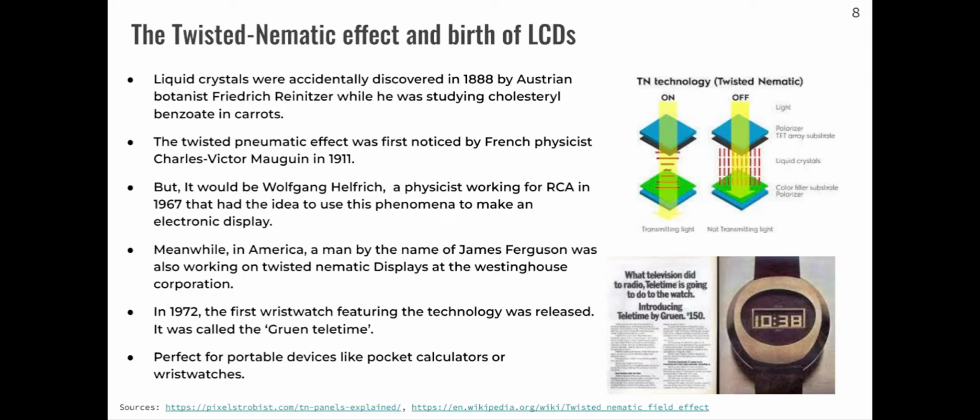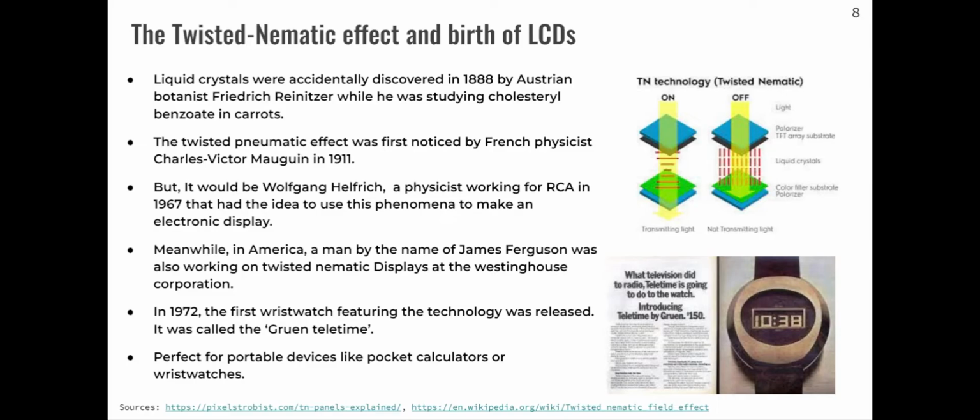So in 1972, the first wristwatch featuring the technology was released. It was called the Gruen Teletime. Here in the picture on the right, we can see an advertisement of the Gruen Teletime, which is pretty interesting. They advertise that what the television did to radio, Teletime is going to do to the watch.